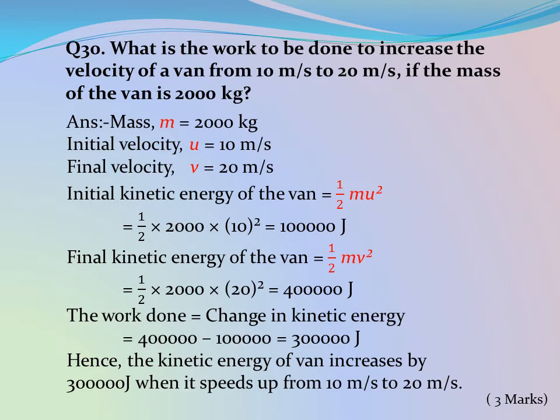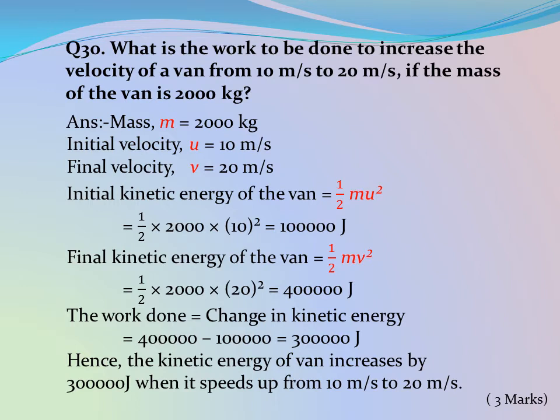Initial kinetic energy of the van equals half mu squared equals half into 2000 into 10 squared equals 1 lakh joule. Final kinetic energy of the van equals half mv squared equals half into 2000 into 20 squared equals 4 lakh joule.